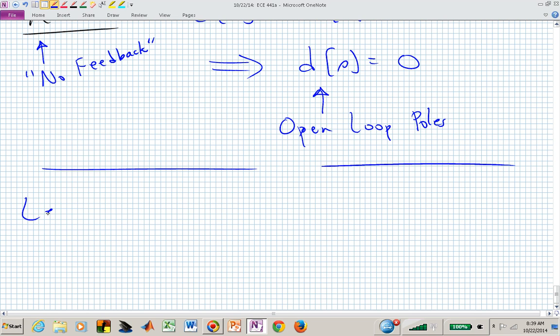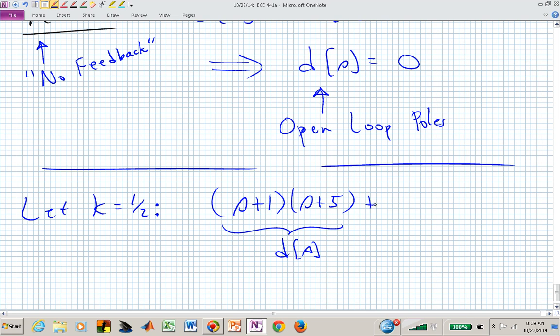What about if we let k be a little bigger? Suppose k is equal to 1/2. Then we have s plus 1, s plus 5. That was our d of s. Plus k, which now is 1/2, times n of s, which was s plus 10.